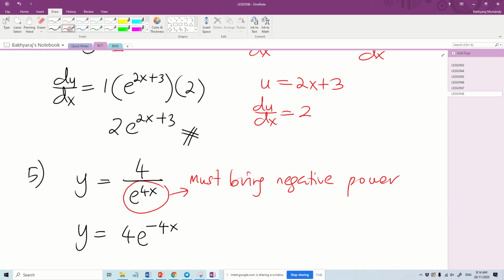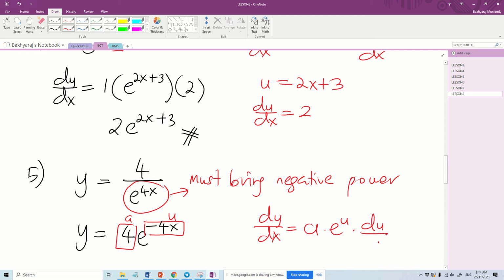Okay, so again, this is your A. Okay, ini A kita. And this is your U kita. So get the formula: dy dx equal A dot e^u dot du dx.